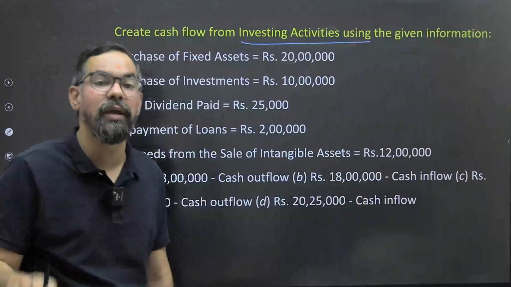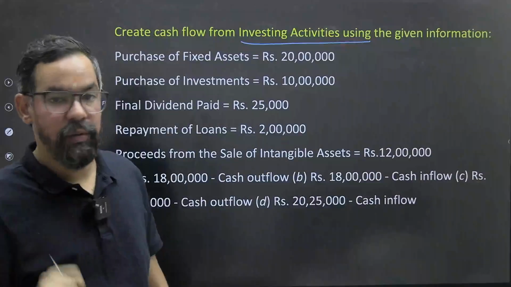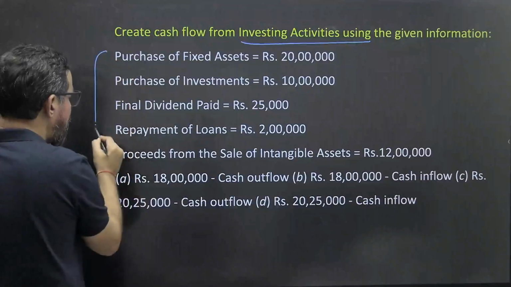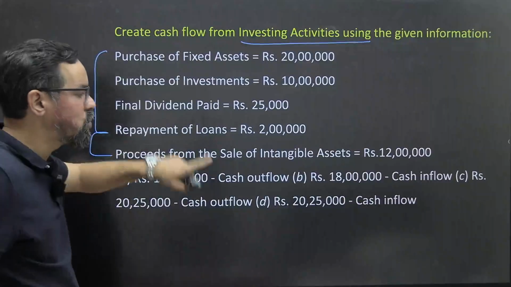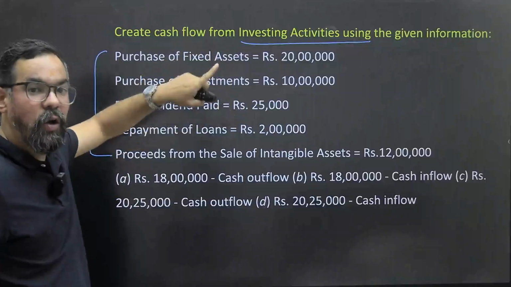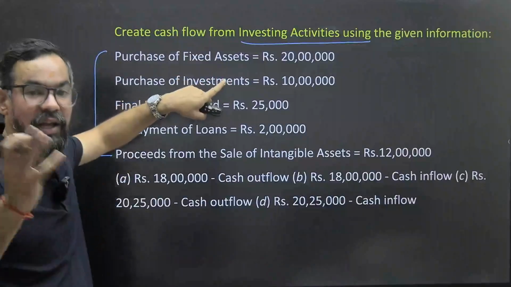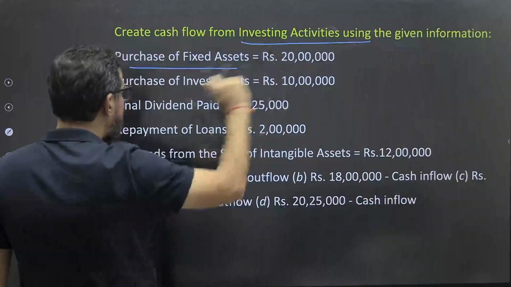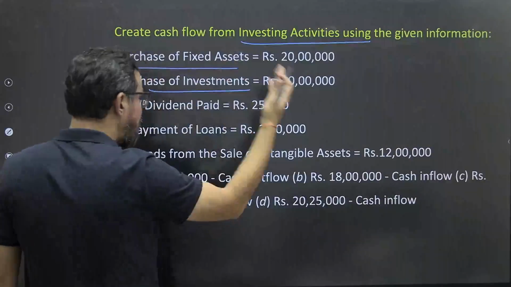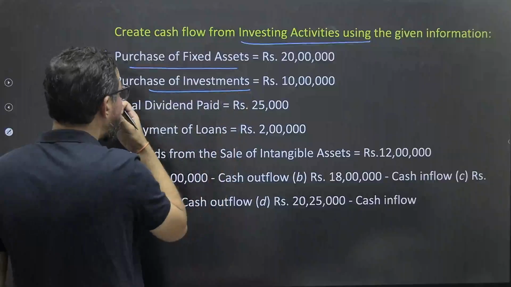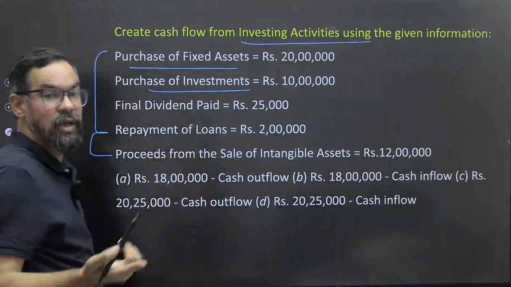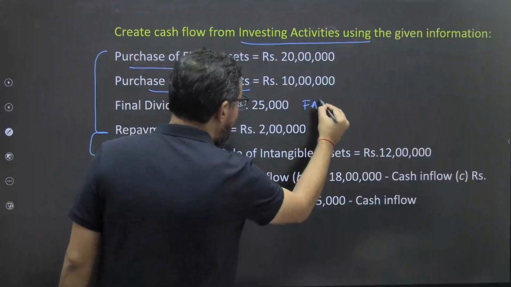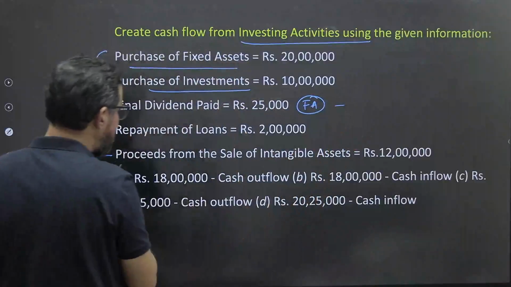The major game is, first, to make sure you classify all these entries as belonging to investing, operating, or financing activity. Purchase of fixed assets is investing activity; purchase of investment in other companies is investing activity; final dividend paid is a financing activity, right? So this is an outflow from financing activity.